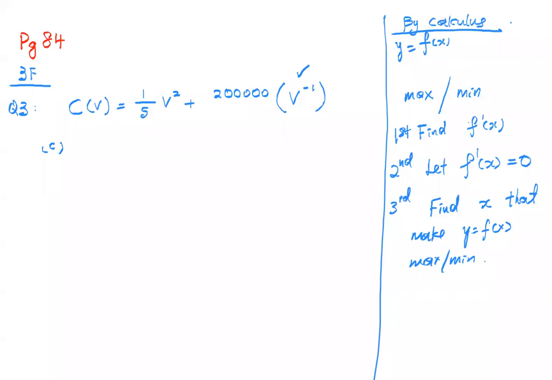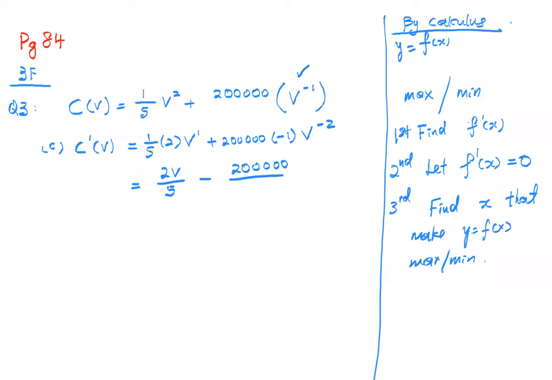Okay, so I'm going to use calculus first. Multiply by the power, power take away 1. Plus, multiply by the power, power take away 1. So I write this properly: 2v over 5 take away 200,000 divided by v squared equal to 0.